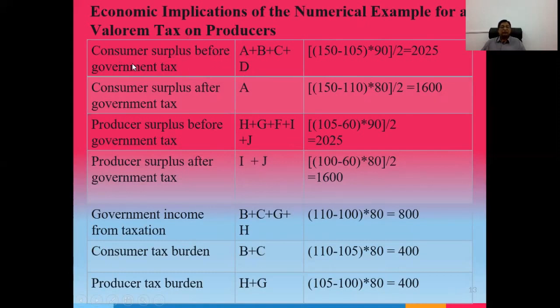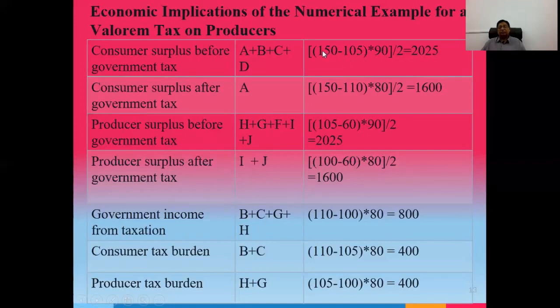Consumer surplus before government tax is given by 150 minus 105. This is the price at 0 demanded, and this is the equilibrium price.